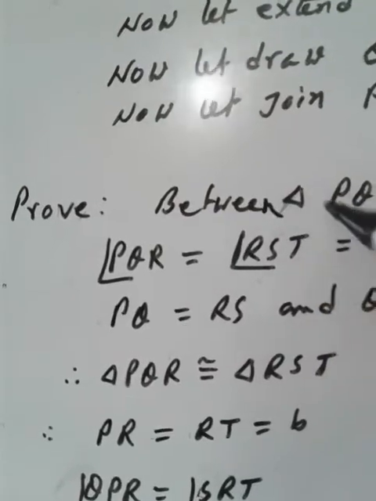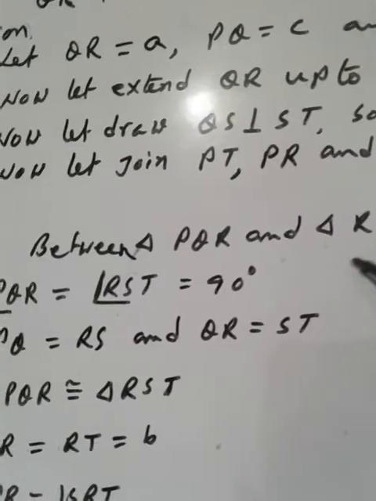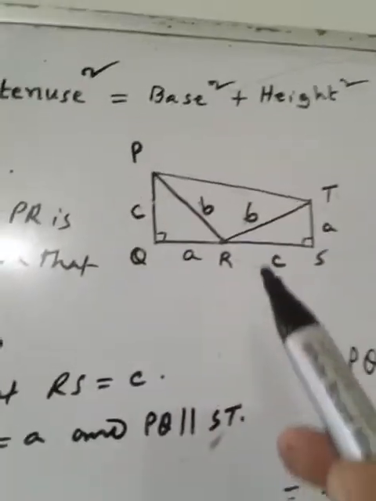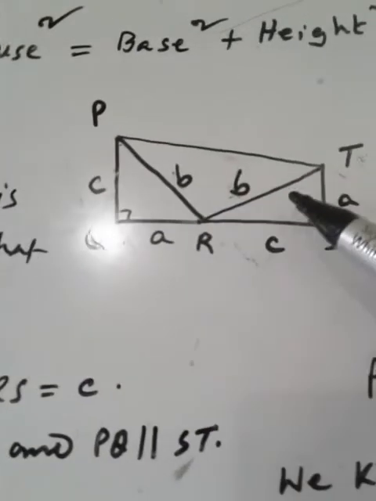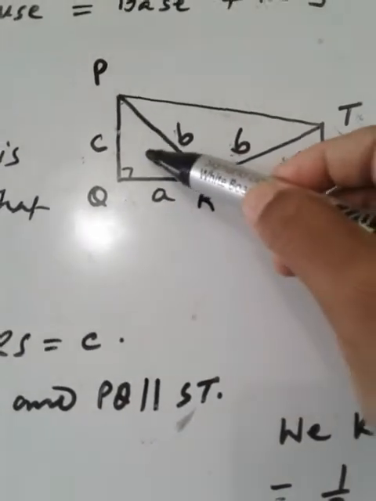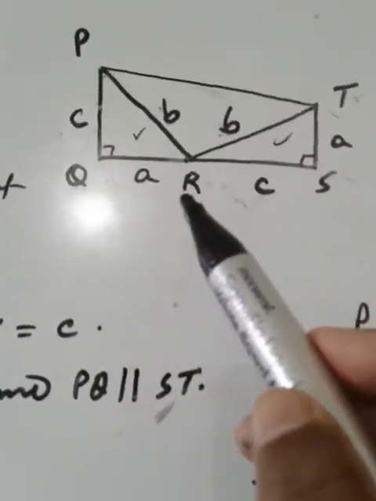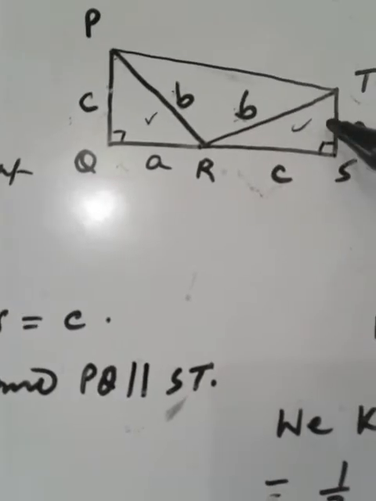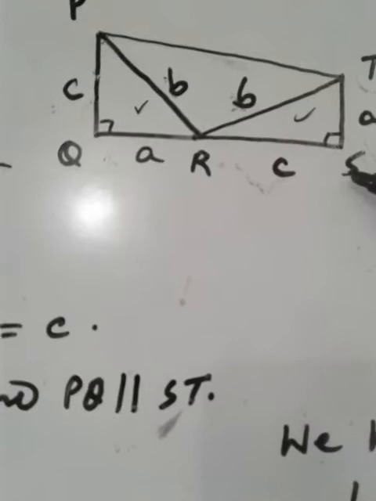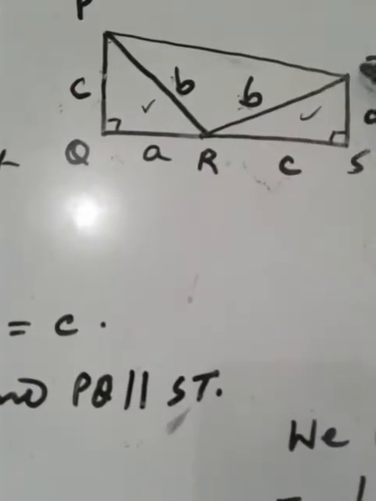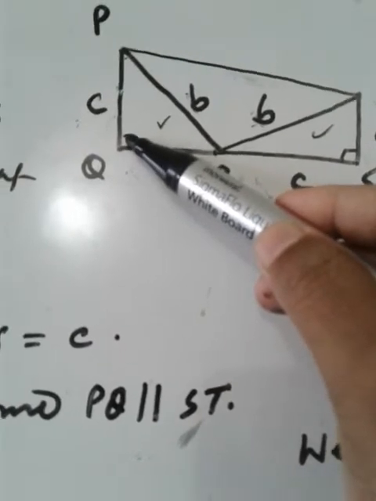Between triangle PQR and triangle RST, between these two triangles we have to prove. See, as per construction, between these two triangles PQ equals RS, QR equals ST, and this is a right angle.